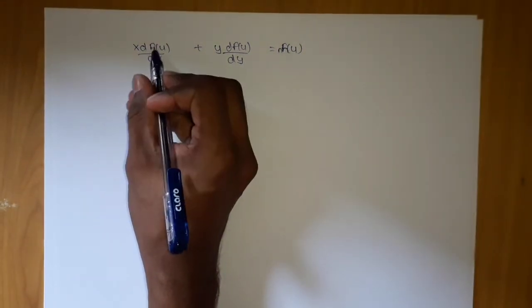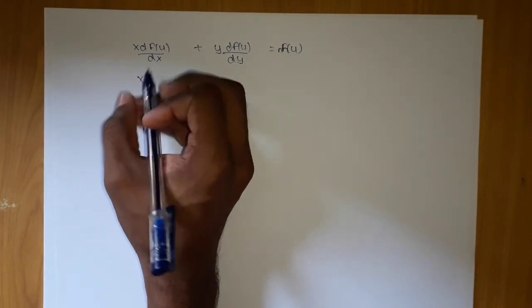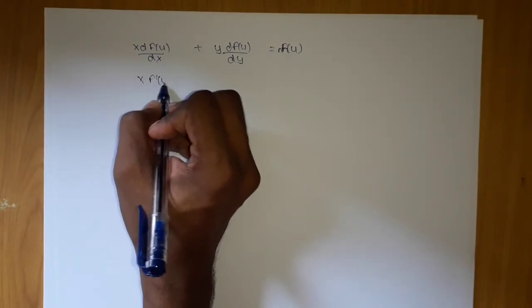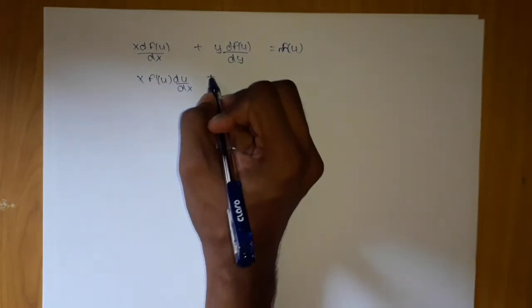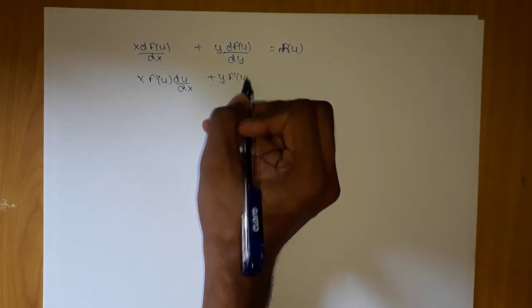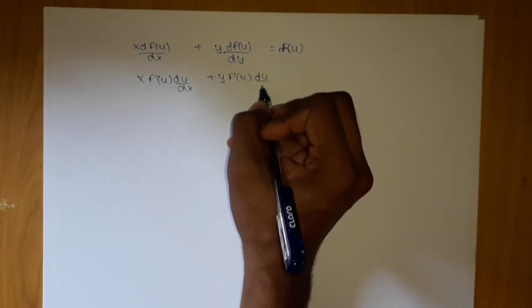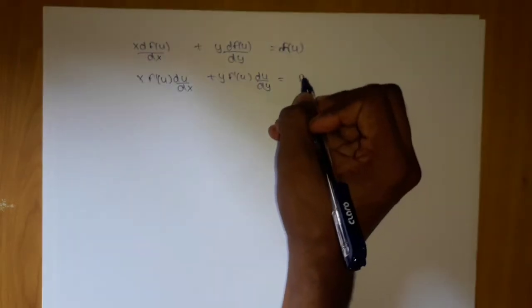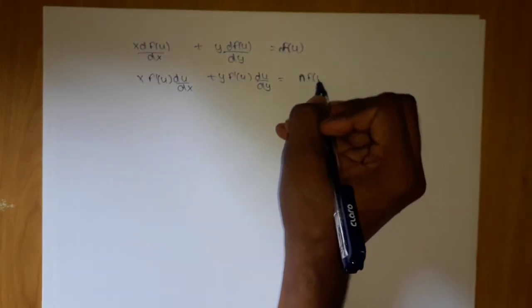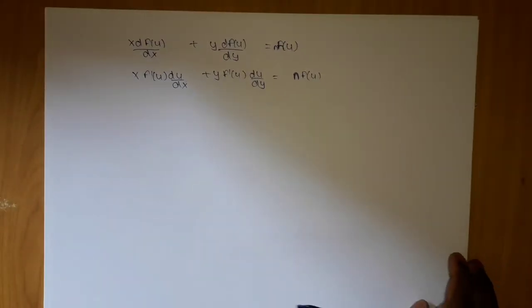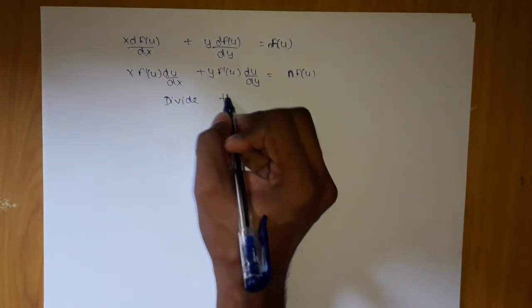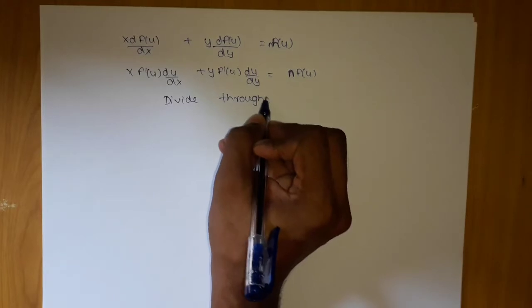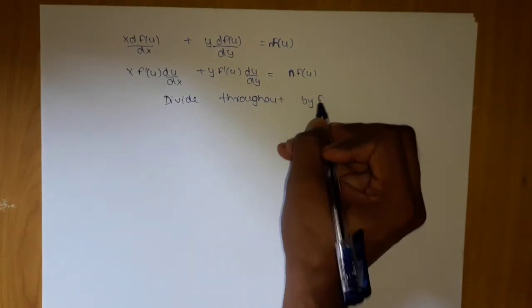Now if we differentiate this, we get x f'(u) ∂u/∂x + y f'(u) ∂u/∂y = n f(u). The right side will be as it is, there is no differentiation there. So we will divide throughout by f'(u).